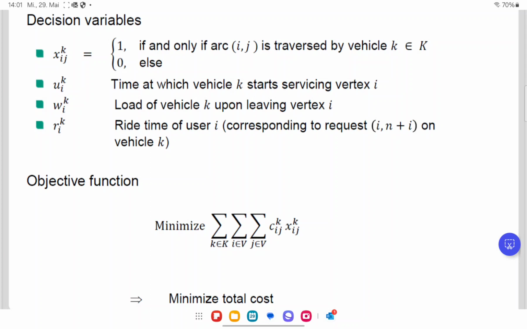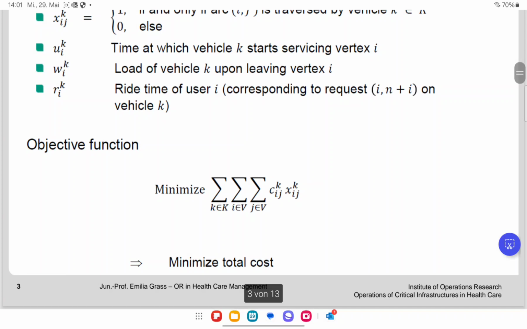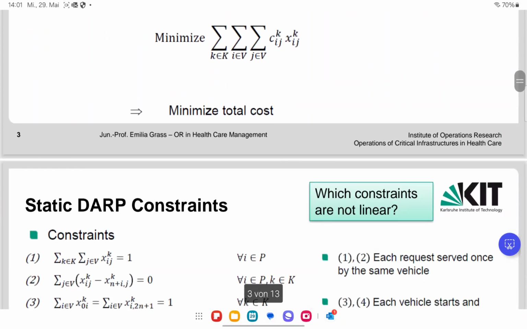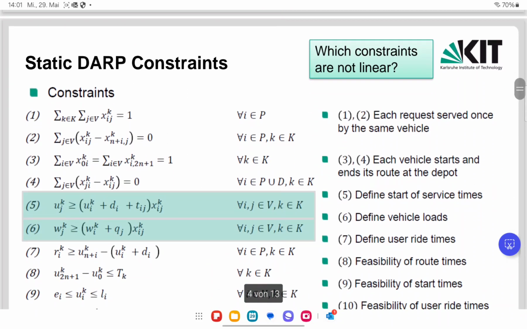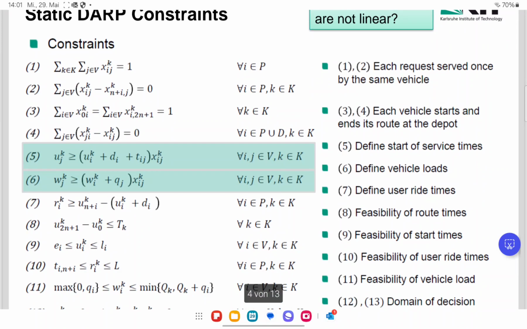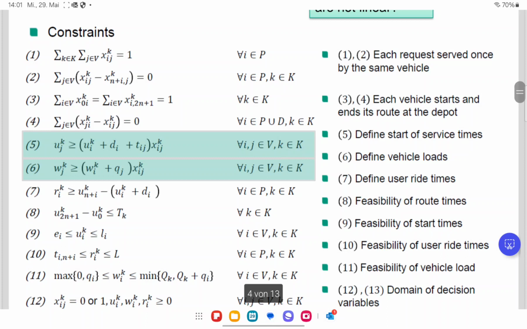Okay, so the objective function, we discussed that in the lecture, is the cost minimization. And now the question is which constraints are actually linear, and which are non-linear. You can see here that every time we have to multiply decision variables together, this is then non-linear.